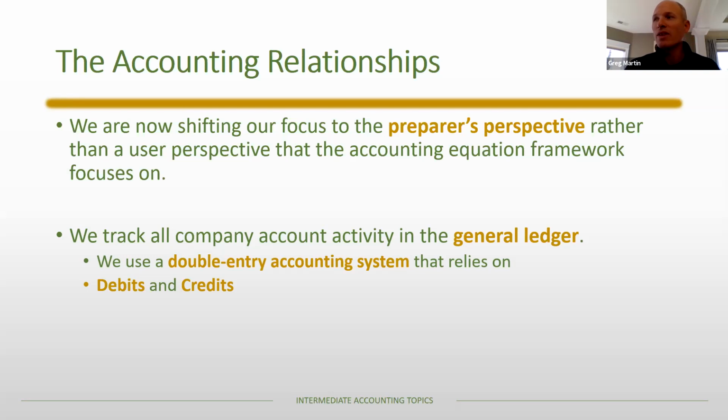And again, we're going to build out that framework. We're going to show you how to use double entry accounting and how to use debits and credits. But this is foundational to everything you're going to do in financial accounting going forward. All right, this double entry accounting system and debits and credits, this is core to the way we prepare accounting information. No matter US, non-US, it's the same basic process.